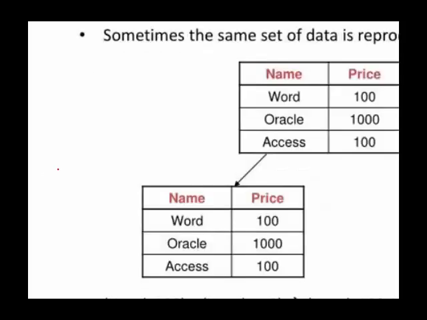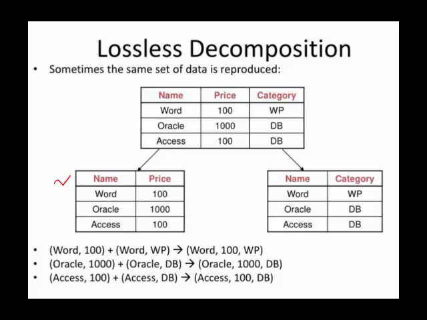In table 1 we have the name attribute, and in table 2 we have the name attribute too. So when we try to recombine it again, we have the first row, price is 100.